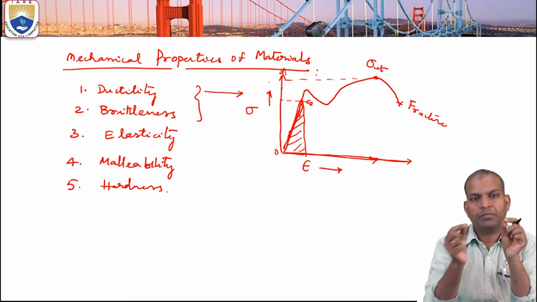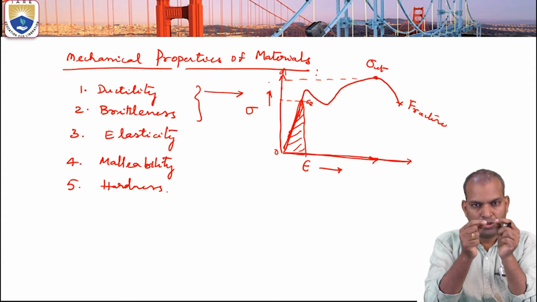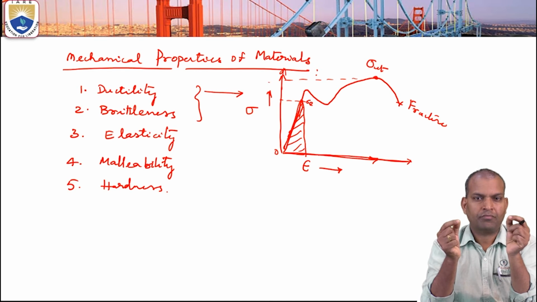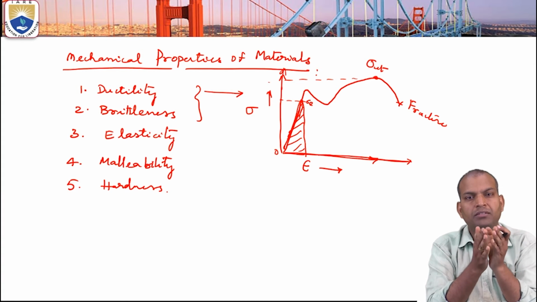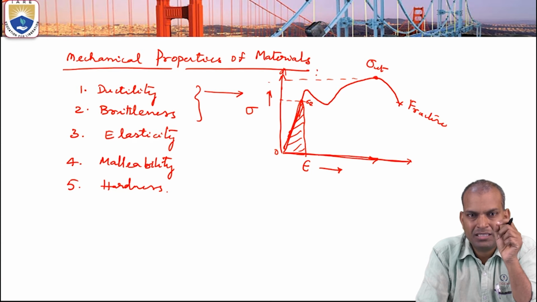Suppose you take a rubber band, if you apply the load, there is deformation. Remove the load, it goes again to its original shape. That means rubber has the property of elasticity.